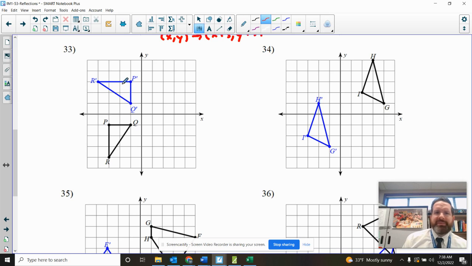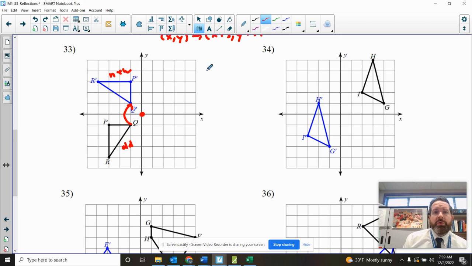Okay, 33. It's not a translation. It's not a reflection. This has to be a rotation. And I know it's not a translation because the orientation changed. I know it's not a reflection because these aren't mirror images of each other. There's no line you can draw that'll have that be the same thing, top and bottom, left and right. So let's do from Q to Q prime. So here's my old, here's my new, Q to Q prime.